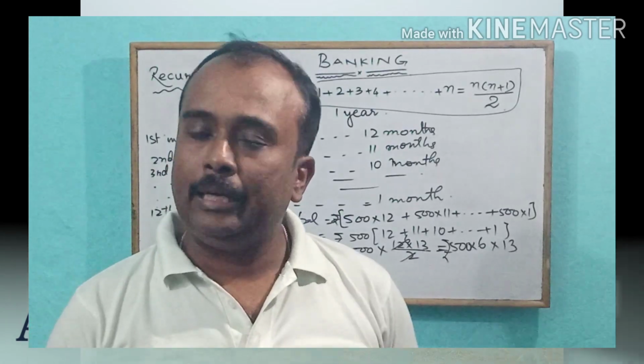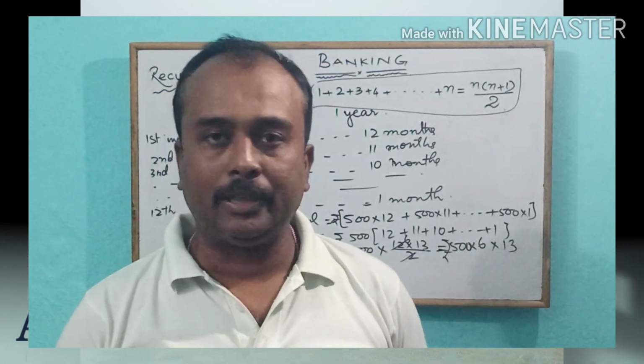Now let me tell you that in a bank, for this recurring deposit account, the interest is calculated with the formula of simple interest. That is, you know, SI is P into R into T by 100.